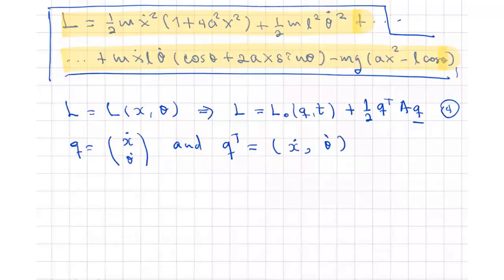Okay, so L0 is minus the potential energy of the system, in this case the potential energy.